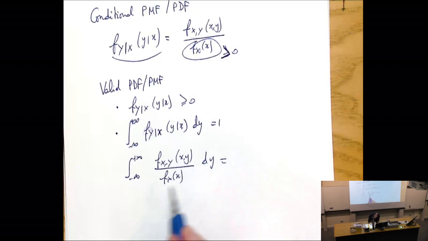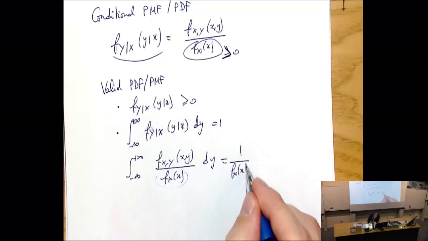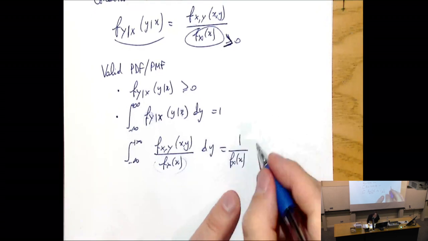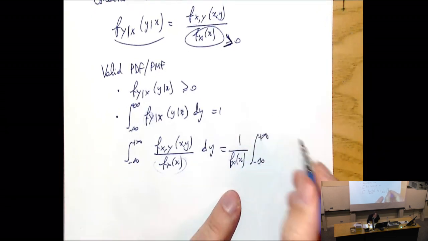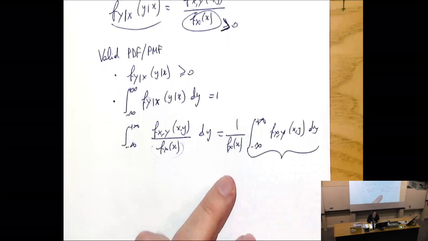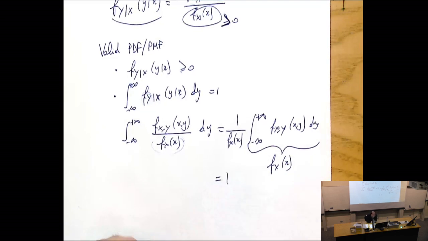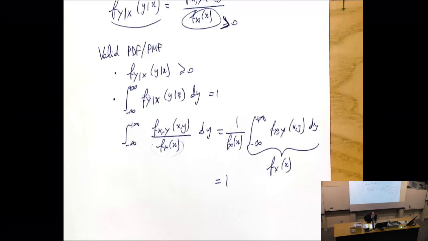I can take 1 over f_X of x outside, so this is 1 over the marginal probability density function of x, times the integral between minus infinity and plus infinity of the joint PDF of x,y with respect to y. And what is this? This is the marginal of x. So it's equal to 1 indeed. Okay, so it's indeed a valid definition.